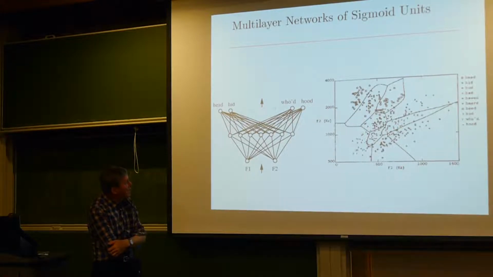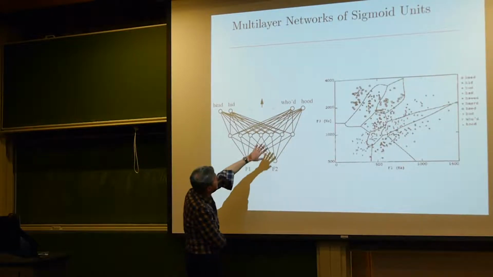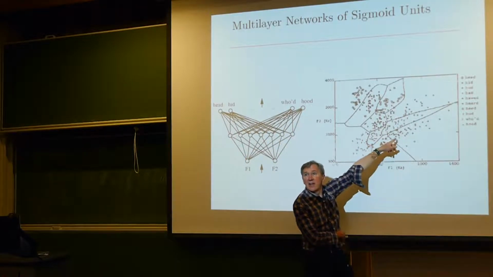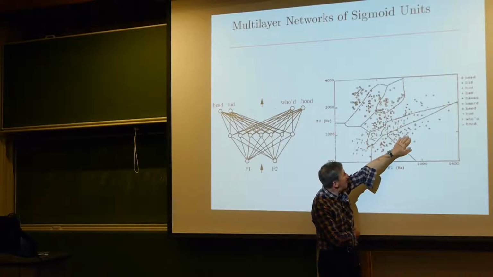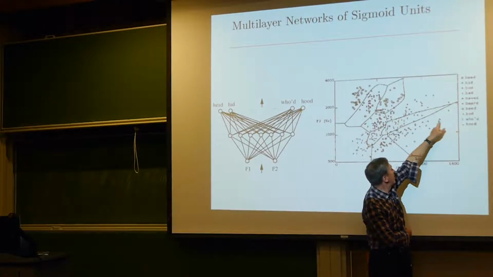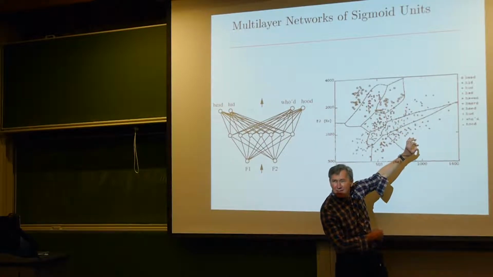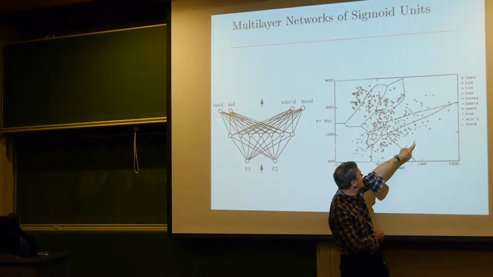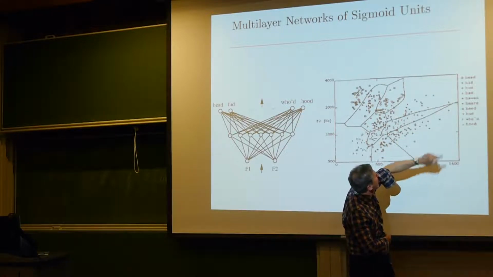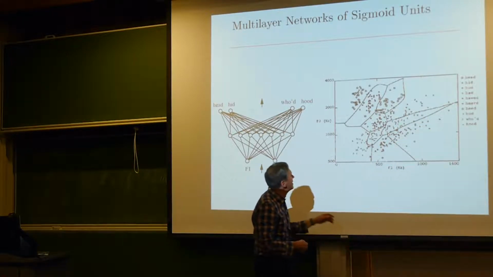And when it is trained, if we look at the decision surface that it learns, that's actually shown here. The dots on here are the different data points. If you have really good vision, you can probably see that that's an open circle meaning heed, and that's a plus meaning hod.